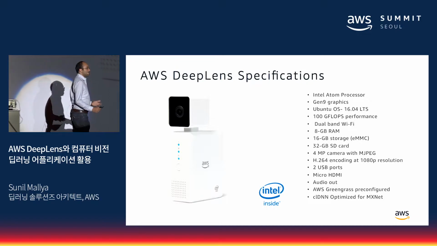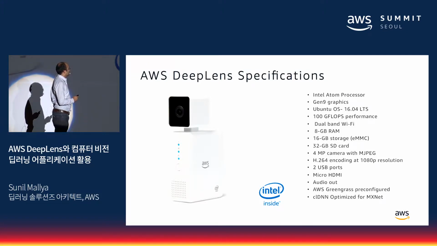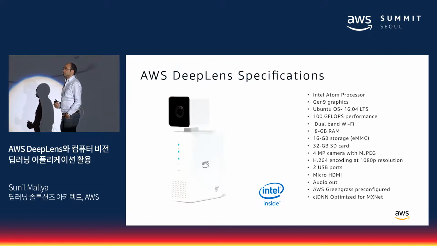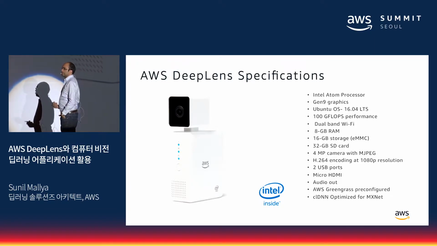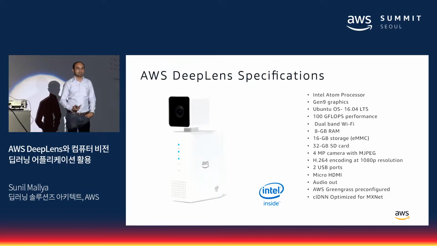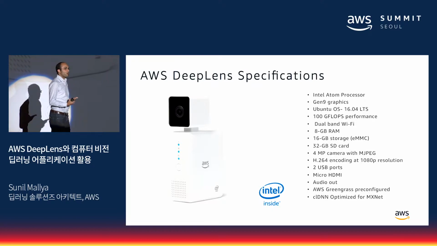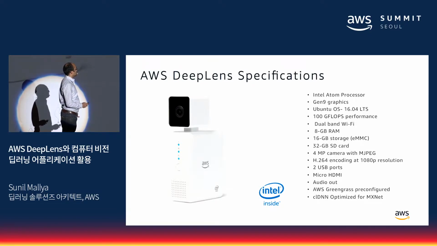So let's look at what the capabilities of these devices are. First thing, what's the performance, right? There's an onboard GPU from Intel that can give you 100 gigaflops. That's the number of floating point operations per second, for people who might not be familiar with that metric. 8 GB RAM.